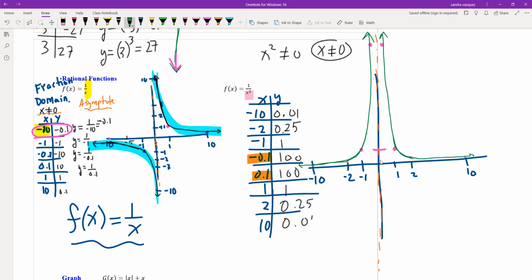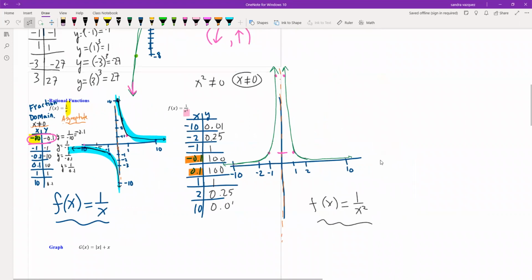And this is the graph always for your x squared, okay? This will always be the graph for this one. Okay, what about the end behaviors for these two particular graphs? Well, the end behaviors for these two graphs are going to be very different.